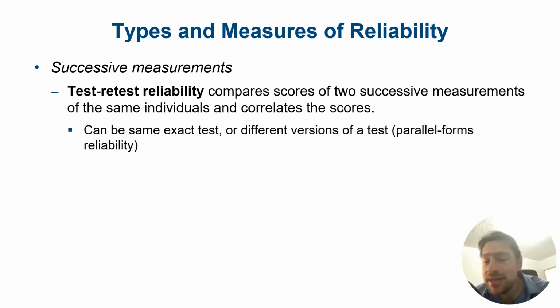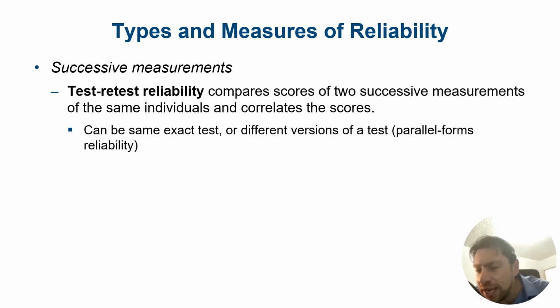So again, you take successive measurements. This is often called test-retest reliability. And again, you're comparing two scores of successive measurements of the same individuals, and then you correlate the scores.